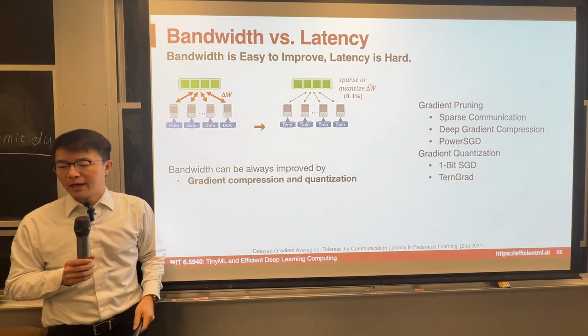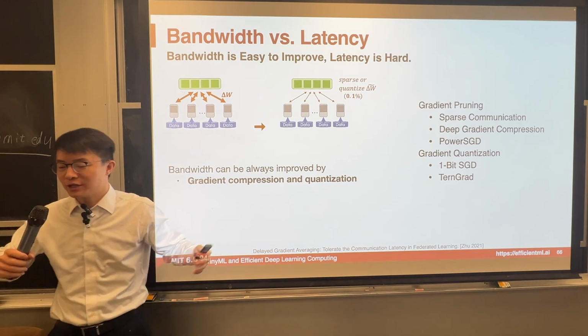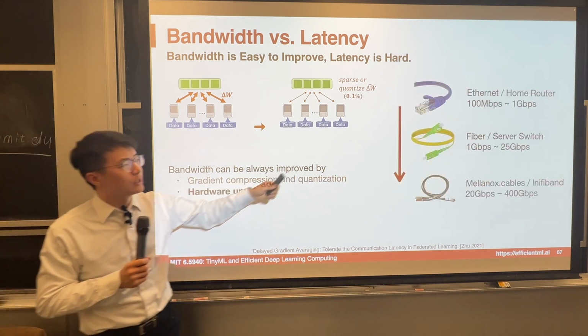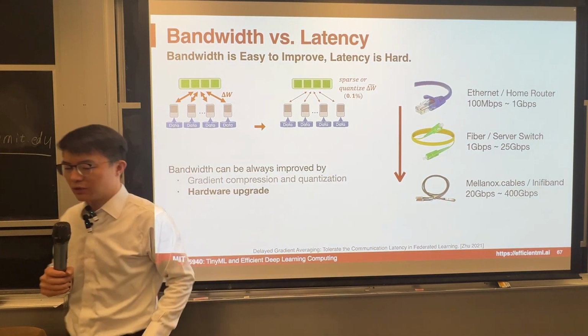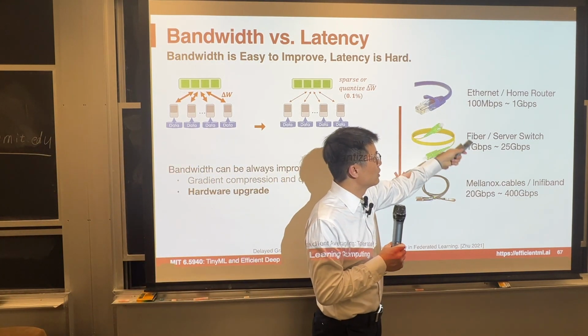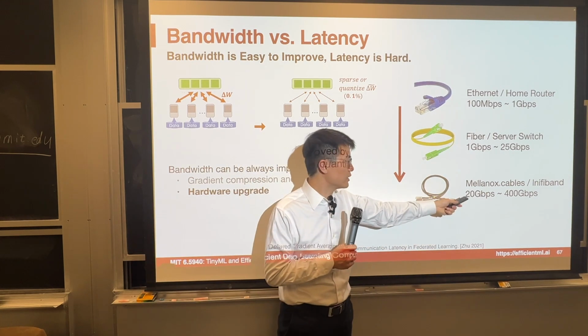Okay, so bandwidth is easy to improve. You can always expand your bandwidth by, for example, buying more expensive or higher end hardware. You can upgrade your Ethernet with fiber, or even with Mellanox InfiniBand.